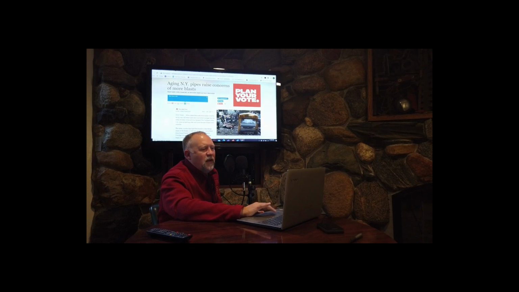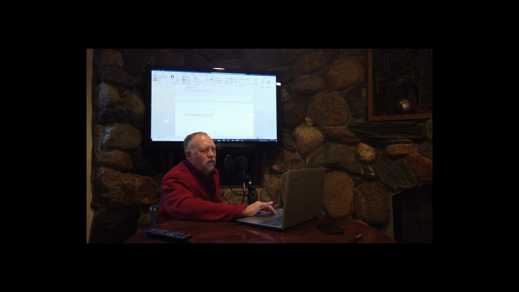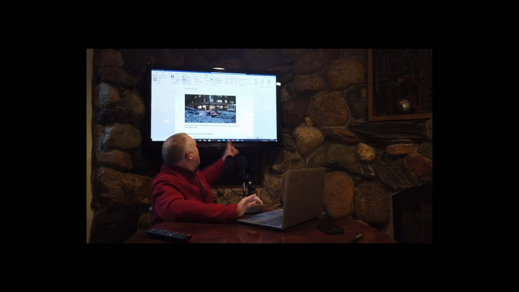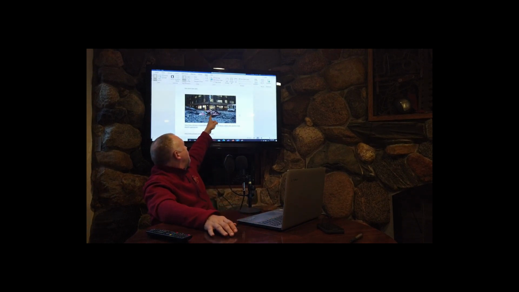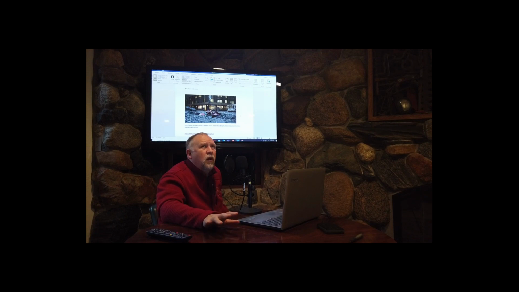There was a catastrophic steam pipe failure in 2007 in New York City. All right, and when I say catastrophic, here's the hole that it left in the street. See, this is a tow truck that accidentally drove into the hole, and it killed one or maybe two people from that accident.